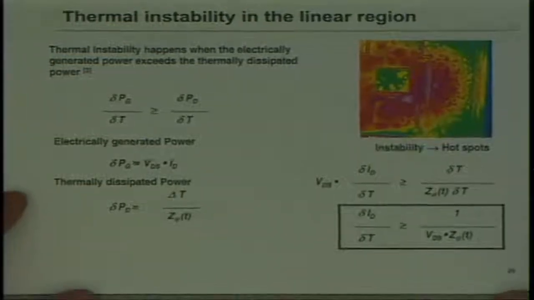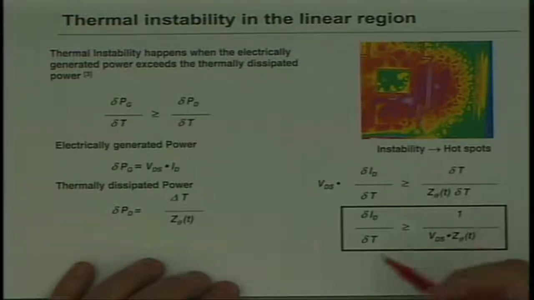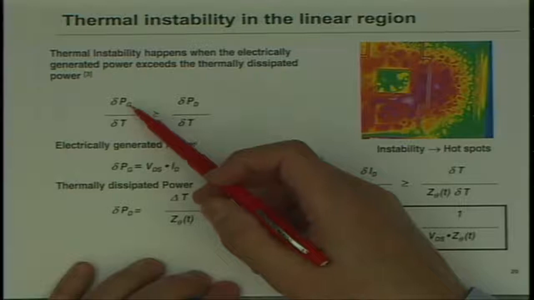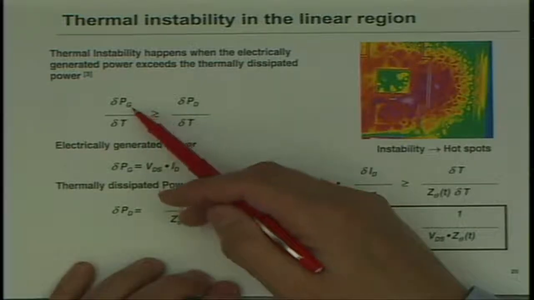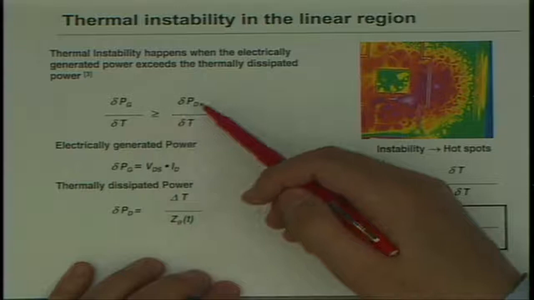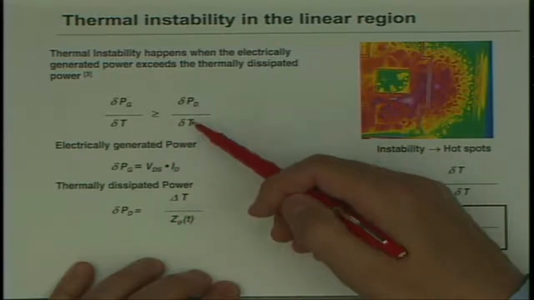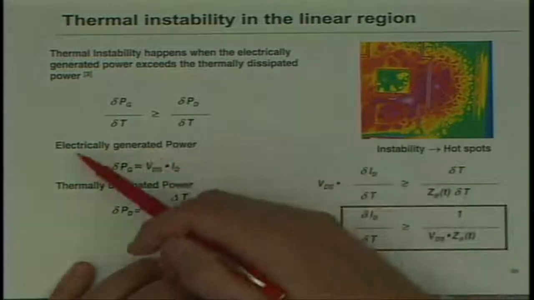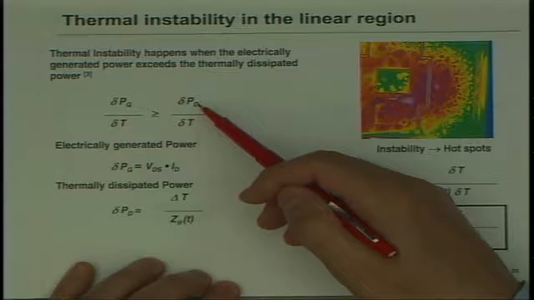What thermal instability is, is essentially hot spotting. If you take the differential of the power generated divided by delta T, it has to be, if it's greater than the dissipation capability, so this is electrically generated power here, and this is the dissipation capability.